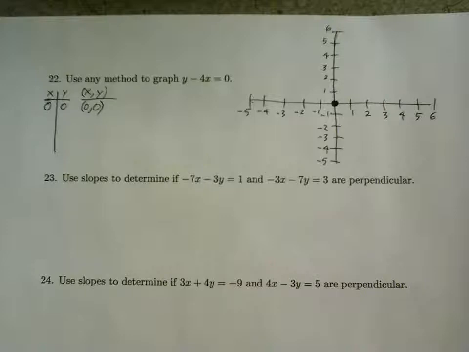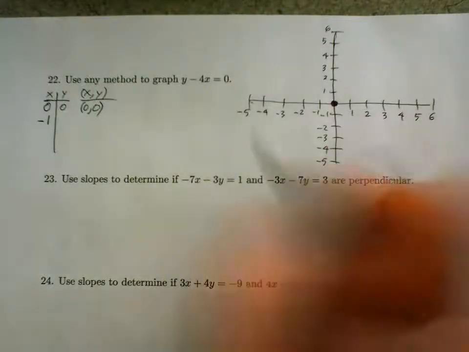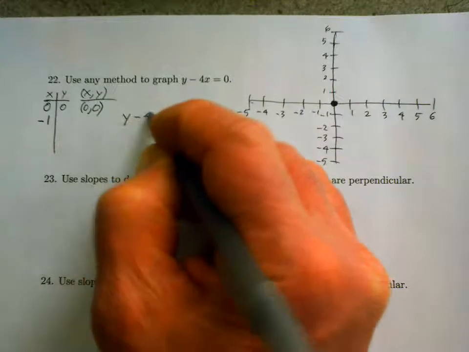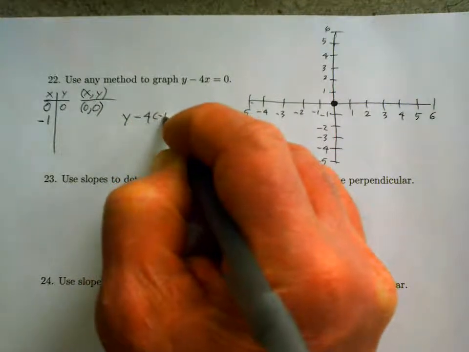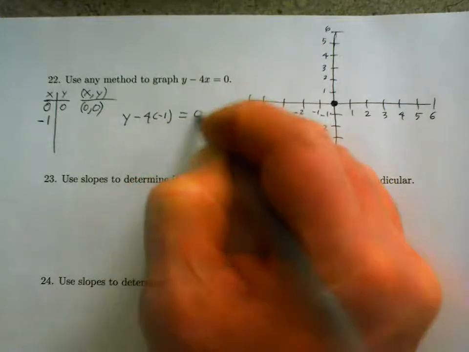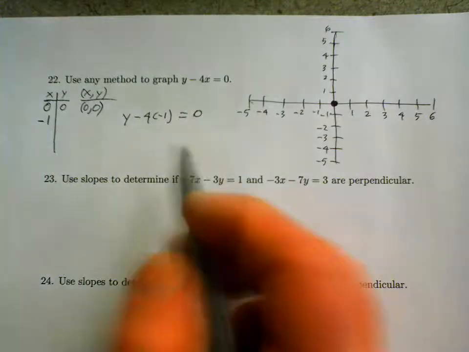-1, 0. That works. Which one? -1, 0. When x is -1? Yeah. Okay, let's pick x to be -1. And then in this equation, replace x with -1. And then do the arithmetic.